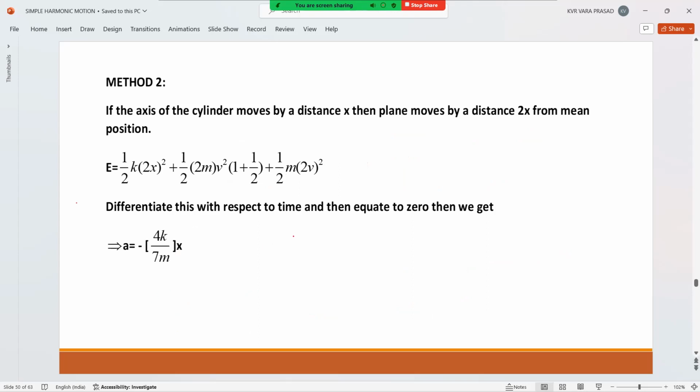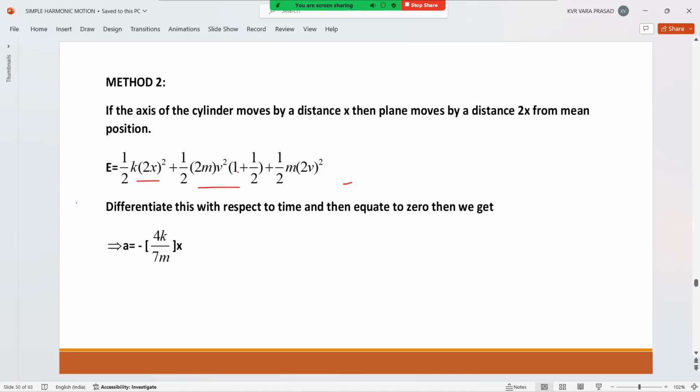Energy. See how we are writing energy. For the spring, compression is 2x. So half k 2x whole square. This is kinetic energy for the cylinder. I'm writing half into its mass 2m into v square into 1 plus 1 by 2.